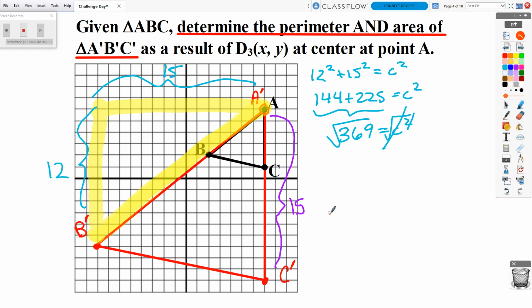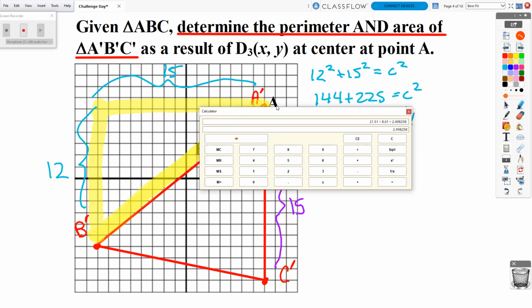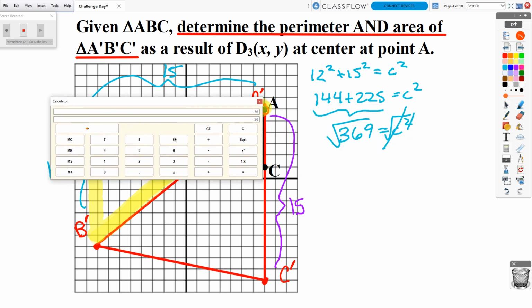So I need to find some numbers that go into 369, preferably a perfect square. I definitely know that 3 is going to go into this, but maybe let's check 9. 369 divided by 9 is 41. Sweet. So here's a good starting point.